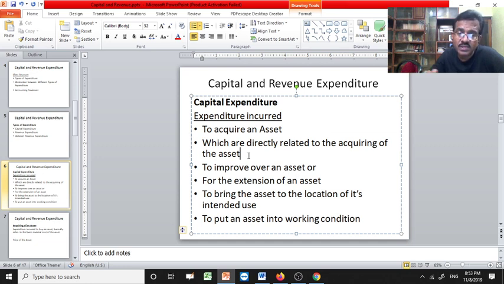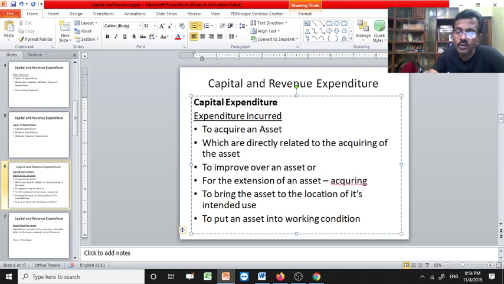You straight away extend your asset. So you build two more houses, three or four more rooms in your guest house. So that is an extension of an asset. If you have one plant with a capacity of, say, 500 units of production, and you add to it and make it 750, or another 500 more, this is a direct extension, nothing but acquiring only.